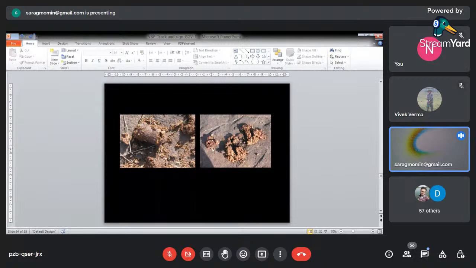It looks like human stool. If you find it in the jungle, you may be confused whether it belongs to a human being or a bear. If you break it down and find a huge quantity of seeds, then it belongs to a bear, not a human being.